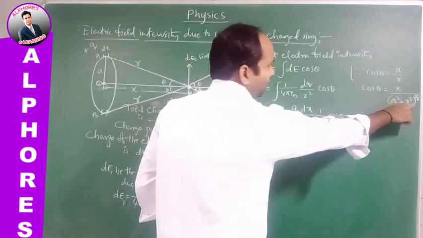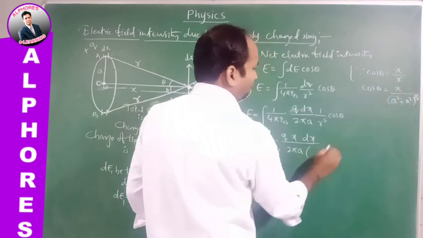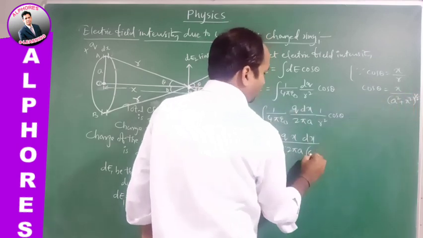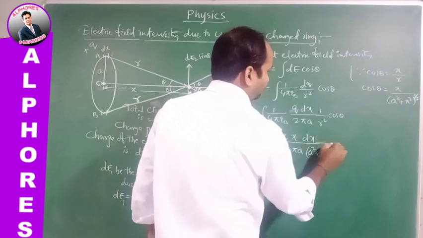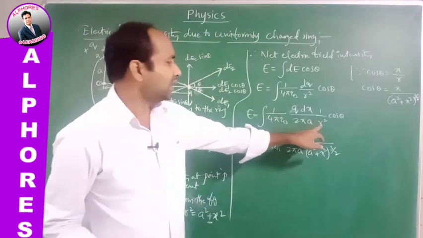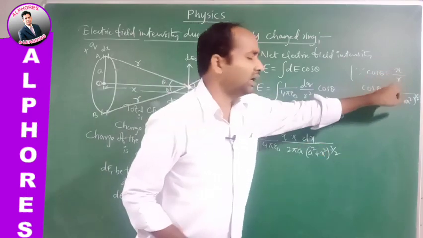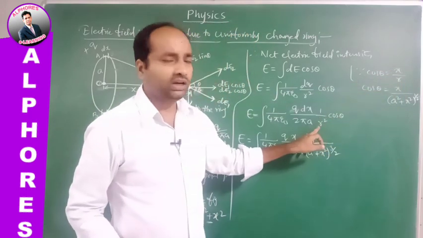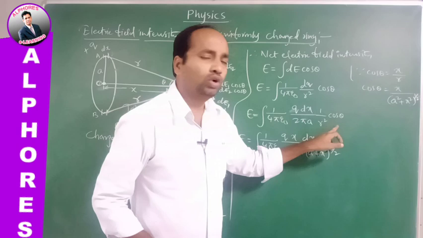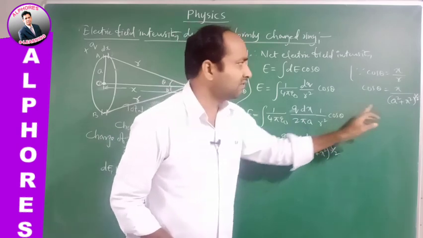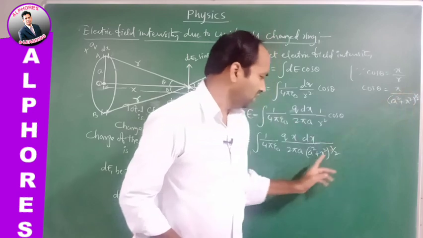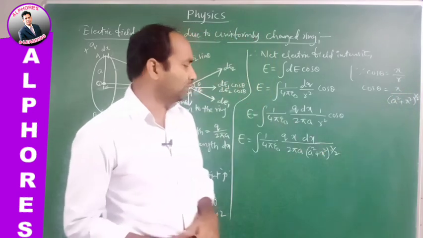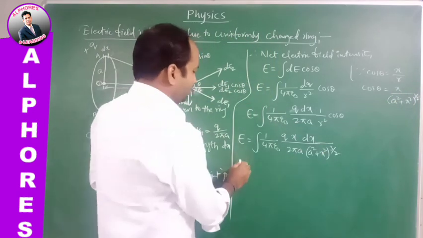Here x value is (a square plus x square) whole to the power of 1 by 2, so this gives (a square plus x square) whole to the power of 3 by 2. Cos theta value is x by r, so you get one more r cube. R cube means (a square plus x square) whole to the power of 3 by 2.